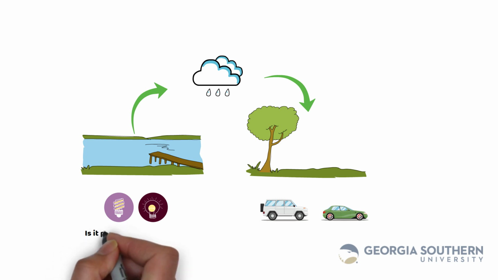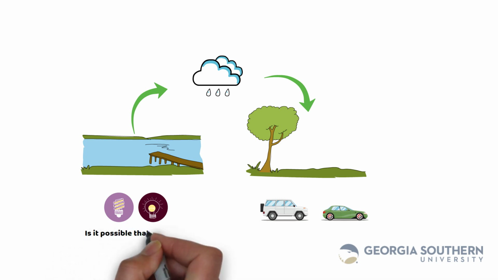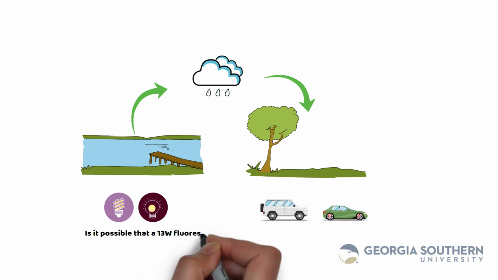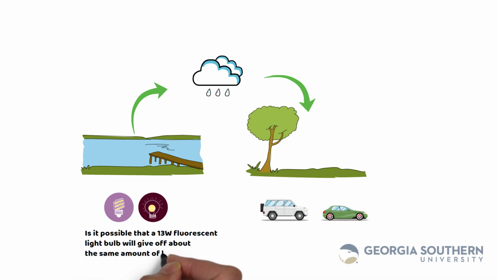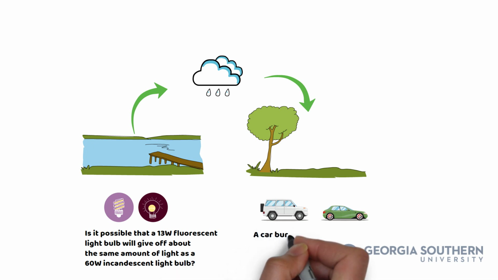Let's look at two questions that have proved effective in eliciting students' intuitive ideas. Question 1. Is it possible that a 13W fluorescent light bulb will give off about the same amount of light as a 60W incandescent light bulb? To answer this question, students must explain the mechanism, how a light bulb can produce a large amount of light with a low wattage. Question 2.